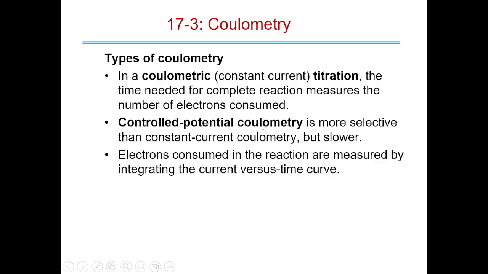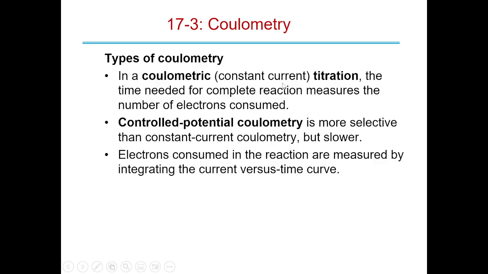Controlled potential coulometry is more selective than the constant current coulometry, but slower. So remember, when you're doing these, you're going to decrease the concentration, right? What does that do to your cell? It would drive up the energy needed, wouldn't it? Remember, the reaction won't go as fast, right? So what does that mean?